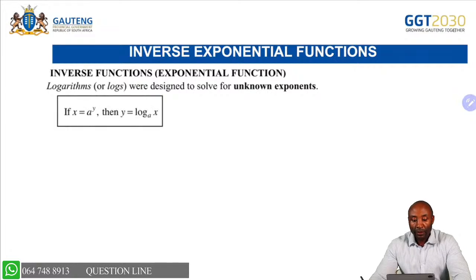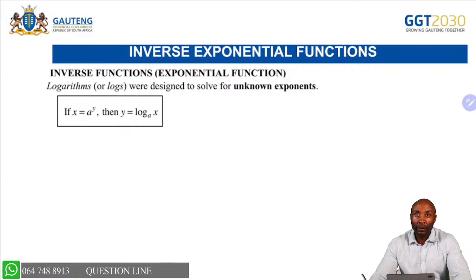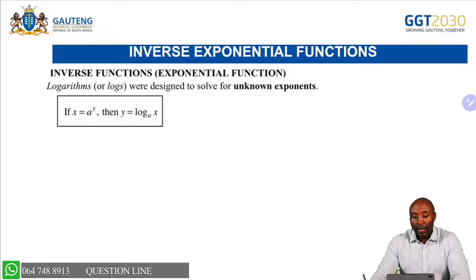For our purposes in grade 12, we are going to use this mainly when we are solving our exponential equations under sequences and series, especially when we are supposed to find n in our geometric series or sequence, as well as in financial maths, where we are supposed to find, for example, the number of payments. We are going to use this concept.